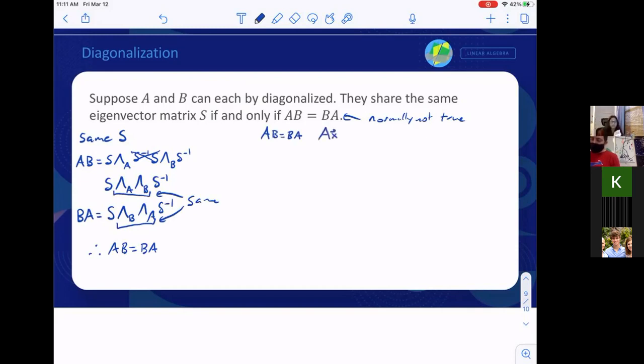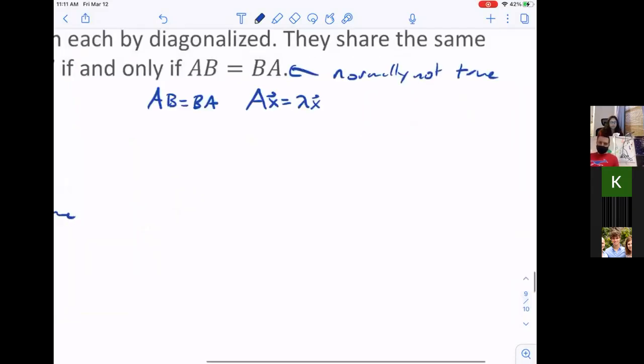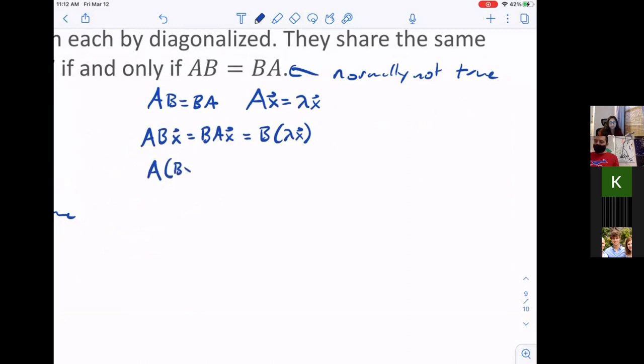So say X is an eigenvector of A. Then if we take AB equals BA and multiply both sides by X, the B times A times X should be the same as B times lambda times X, because A times X is lambda X. And so we have A times B times X equals lambda times B times X. Well, this means BX is an eigenvector of A also, right?